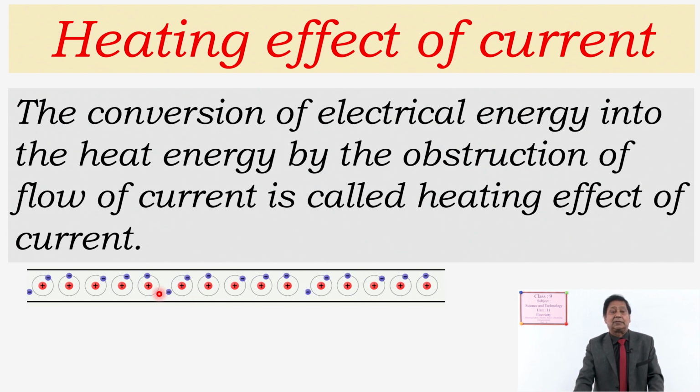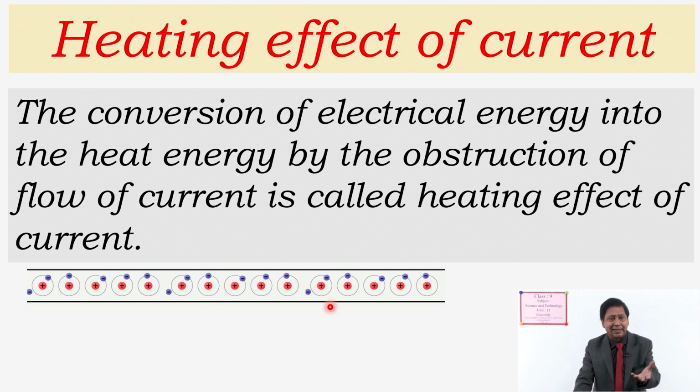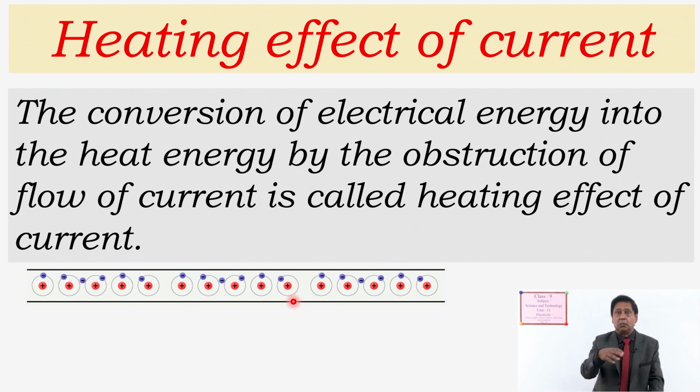When they flow, they collide with atoms, and a little amount of kinetic energy is lost by these flowing electrons, and this lost energy is taken up by the atoms of the conductor. When atoms take up the kinetic energy, they begin to vibrate more rapidly and heat energy is produced, because the energy produced in a body due to the vibration of its atoms or molecules is called heat energy.